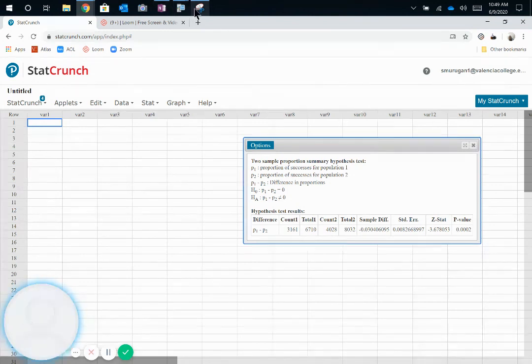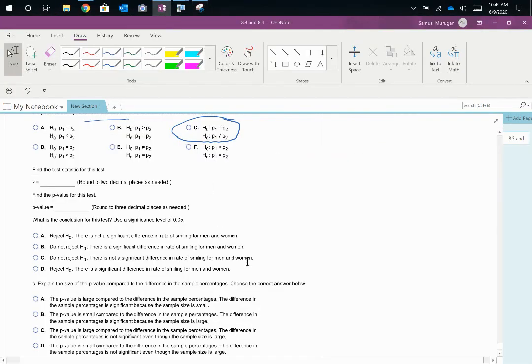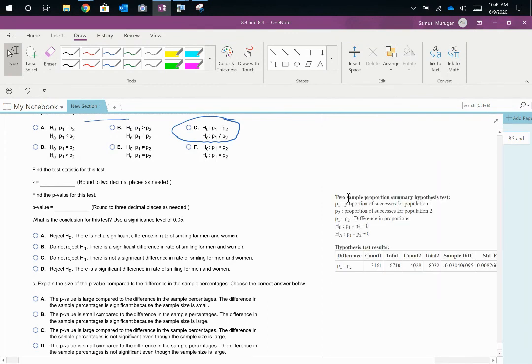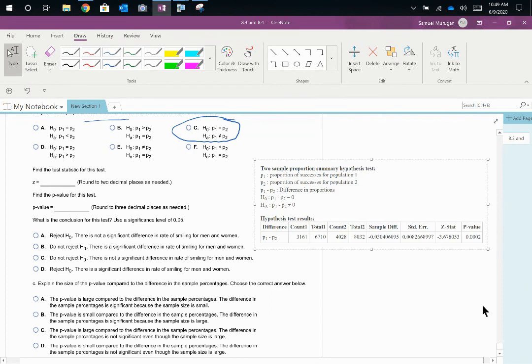Copy and paste this. Bring it in here. Drag it in. All right, there we go. So the z value to 2 decimal places, 3.68 negative.